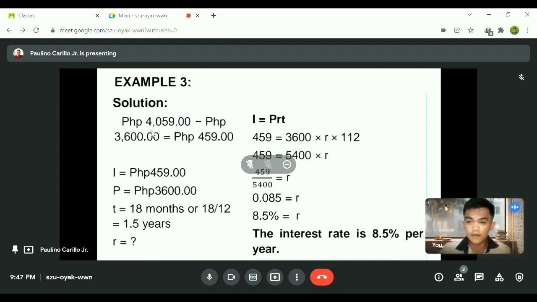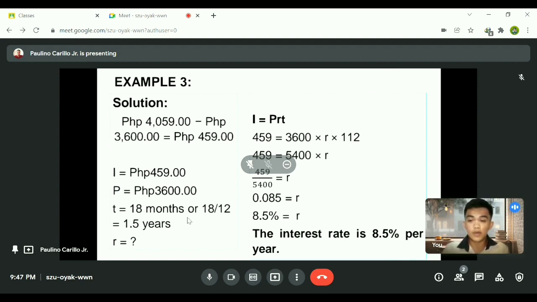You have 4,059 pesos. Just subtract 3,600 pesos so that you have 459 pesos. And the 459 pesos, that would be your interest amount. And P is equal to 3,600 pesos.